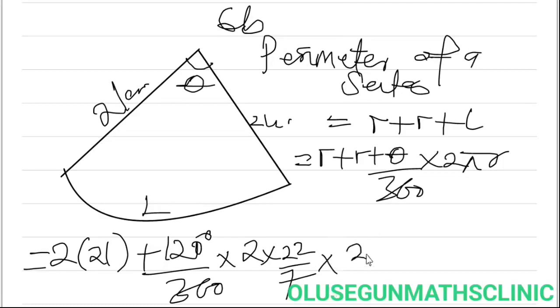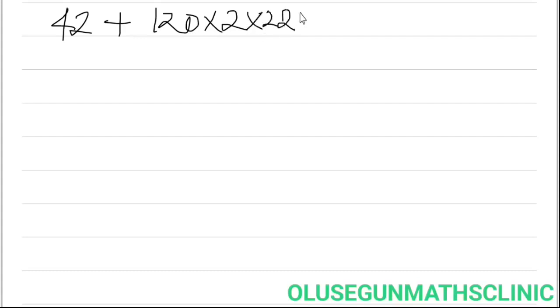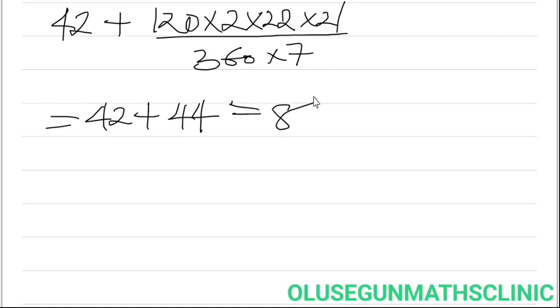What's our r? 21. So this gives us 42 plus 120 times 2 times 22 times 21 divided by 360 times 7, which is 42 plus 44. So the answer will be 86 centimeters. So 86 centimeters is the perimeter of the sector given.